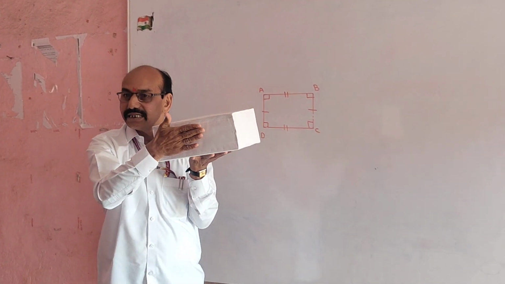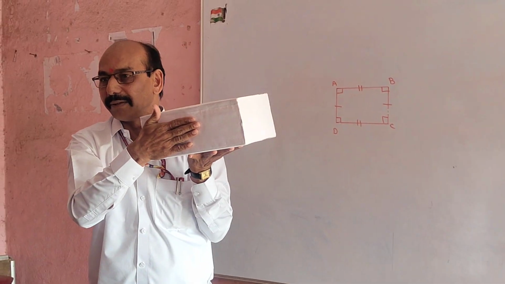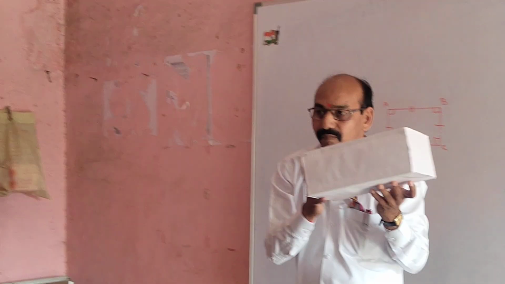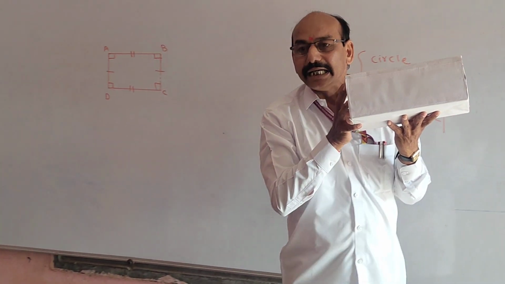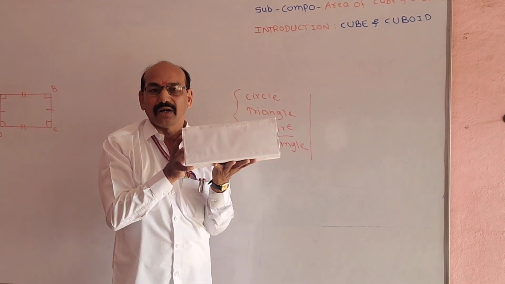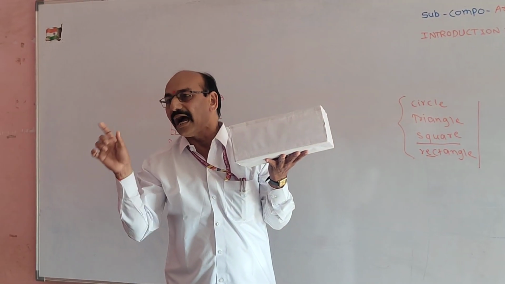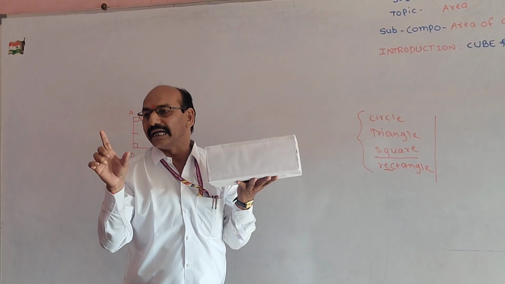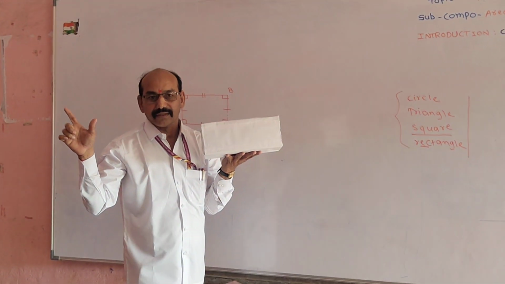Then this face is called a rectangular face. Now this figure is a three-dimensional figure. Three-dimensional means the shape has length, breadth and height. That shape is called a three-dimensional shape.